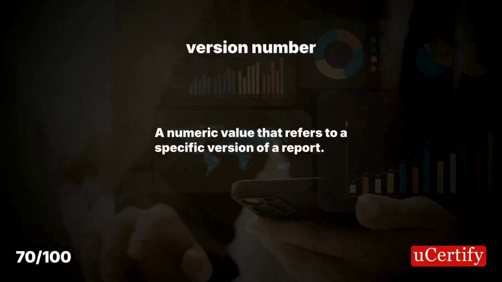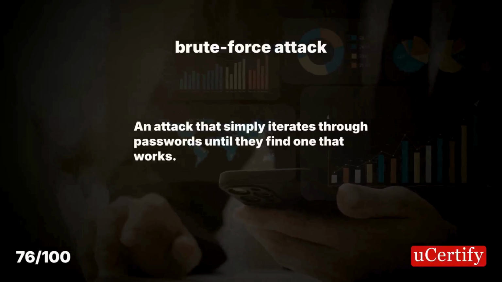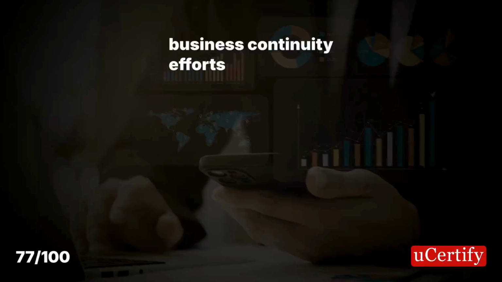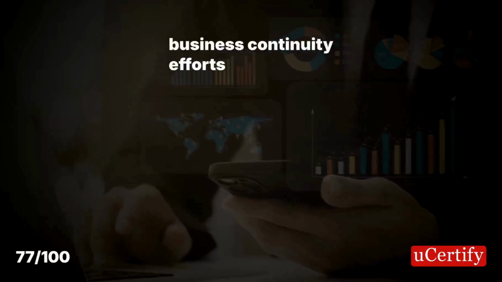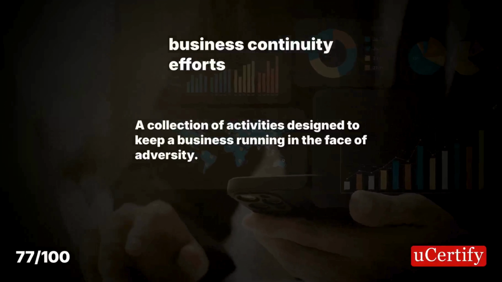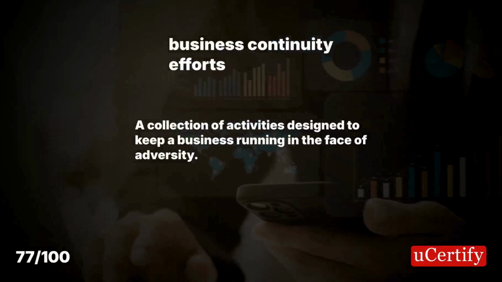Definition: a variable that dynamically substitutes parameter values at runtime. Term: brute force attack. Definition: an attack that simply iterates through passwords until they find one that works. Term: business continuity efforts. Definition: a collection of activities designed to keep a business running in the face of adversity.